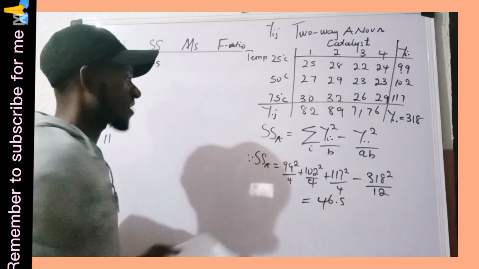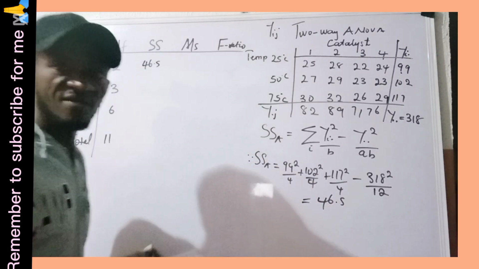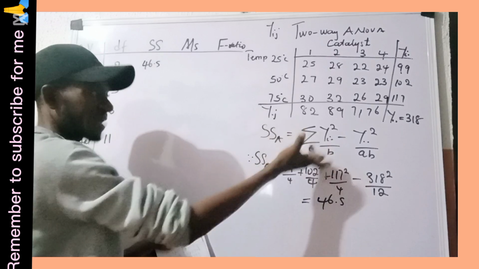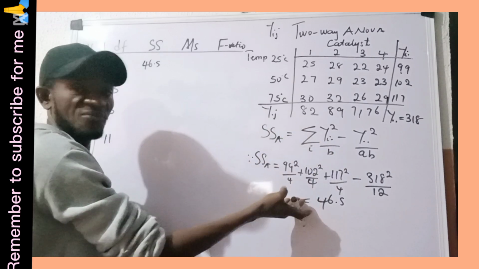You quickly go over to that of SS of B. So I'm going to clean here and we talk about SS of B. Of course, you have seen this formula, and you have seen the computation I did here.